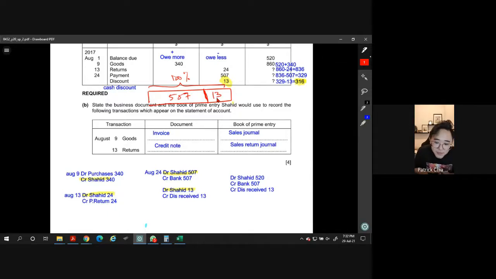So how much is 100%? When you total up these two together, you receive your 100%. So you should always find the 100%. So this is 520. So 507 plus 13 makes 520, which is 100%.